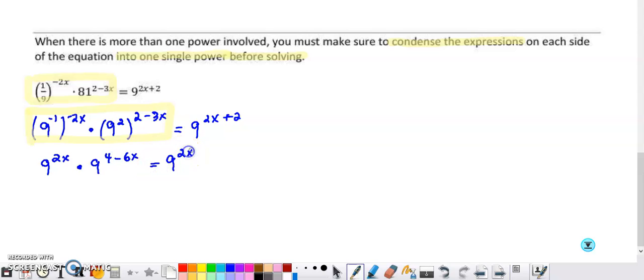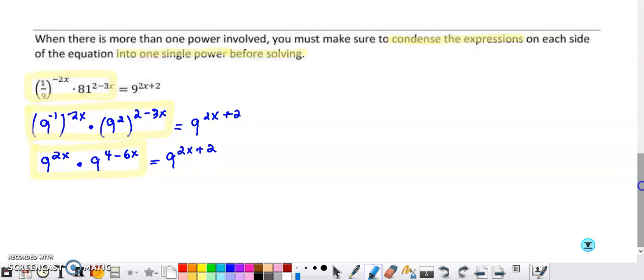Again, the right side stays the same. And still focusing on the left, now we can put those together as 1 power with a single base. If you recall from the prior knowledge, when you're combining powers by multiplying, we add the exponents. So this is going to be 1 base of 9, and we're going to add the exponents. I'm going to go ahead and combine like terms as I do that.